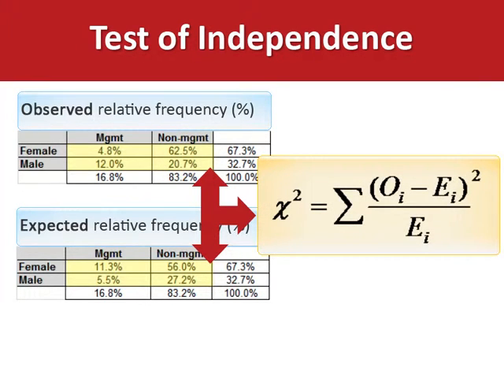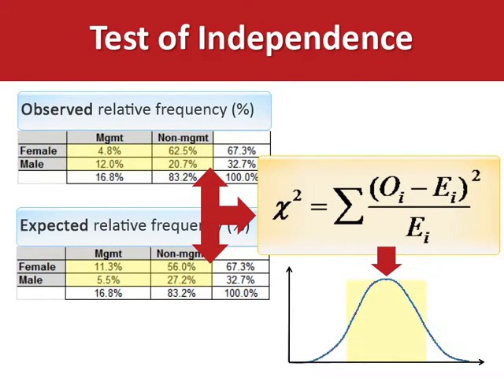Well, it turns out, not surprisingly, that we have a statistic for this. It's called the chi-squared statistic, and you don't have to worry too much about it, but it conforms to a chi-squared distribution that's centered at 0. So what this means is if we calculate the chi-squared statistic for our observed and our expected values, and it's very close to 0, then we conclude that the two variables, in this case gender and managerial status, are in fact independent.